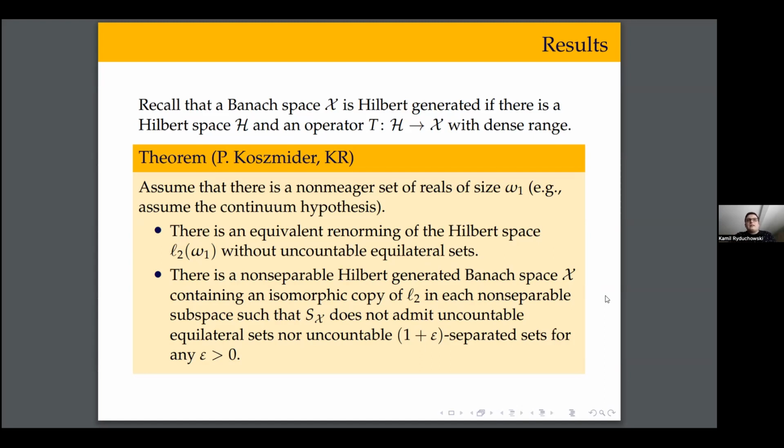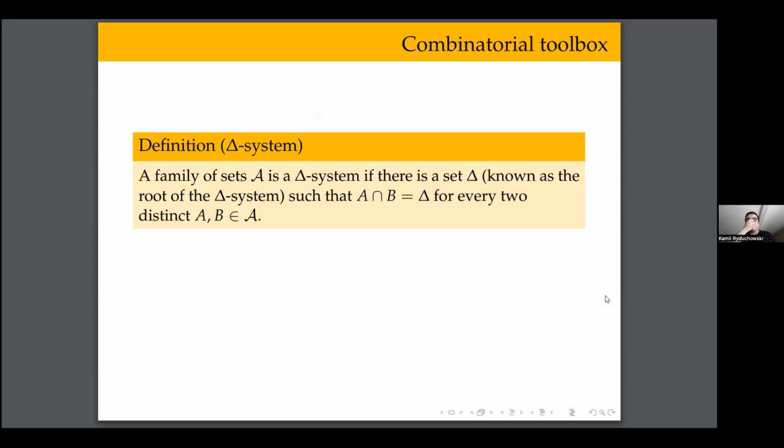Now let me talk a bit about infinitary combinatorics, which is a very useful tool in those problems. First of all, let me recall that a delta system is a family of sets such that there is a fixed set Δ, known as the root of this delta system, such that any two sets from this family have intersection exactly Δ.